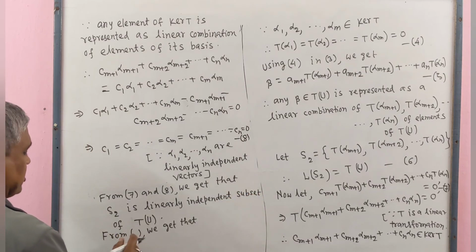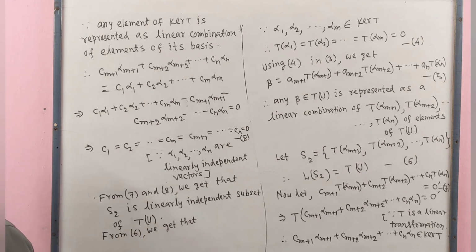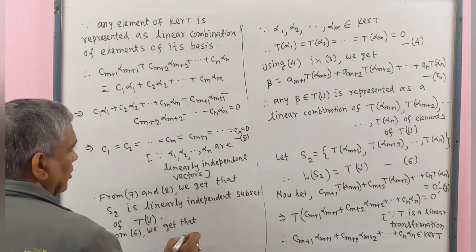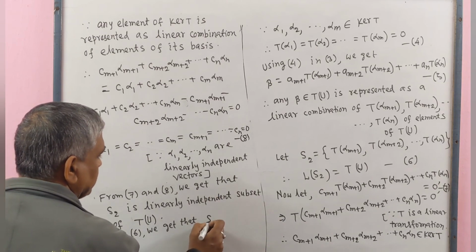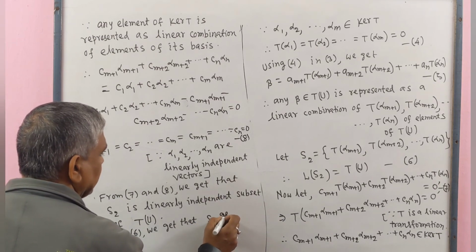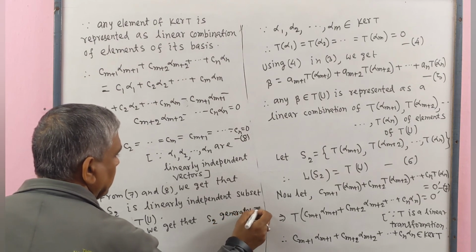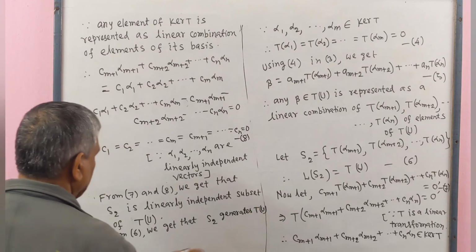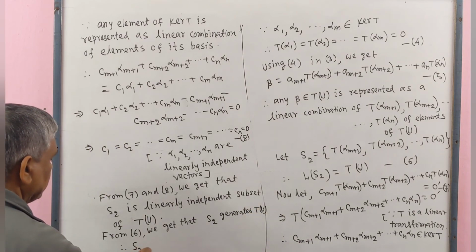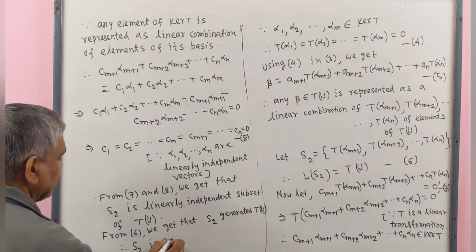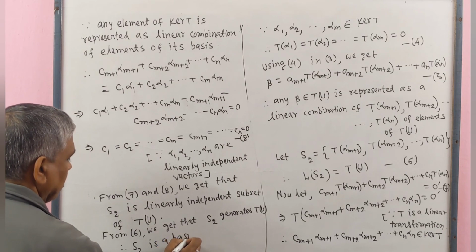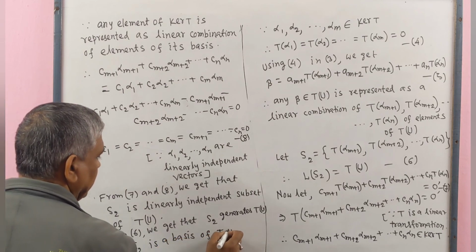From 6 we get that S2 generates T(U). Therefore, S2 is a basis of T(U).